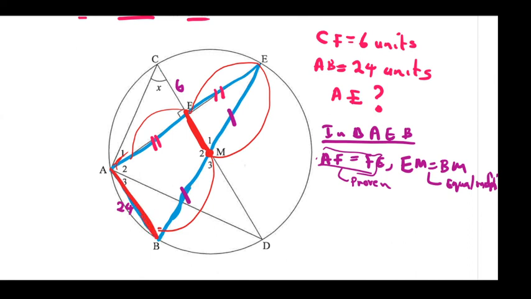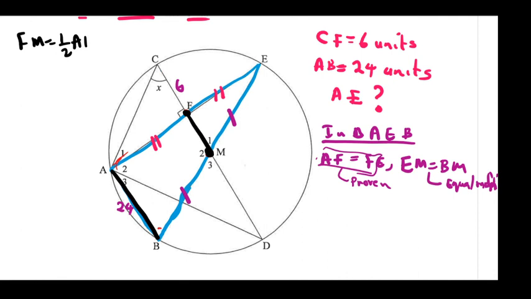So that's where I'm going with this, which will help us find this AE, right? Why am I using this? Is because FM, we're going to be able to identify FM by doing that, right? FM, because we already have AB, right? So what I'm saying is FM is equals to half AB, of which AB is 24, right? So which means half of 24 is equals to 12.